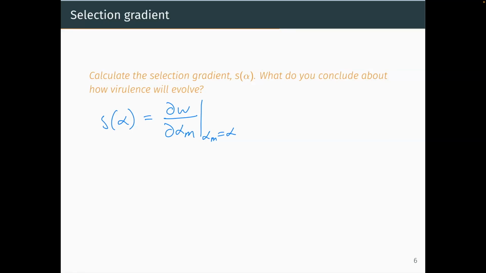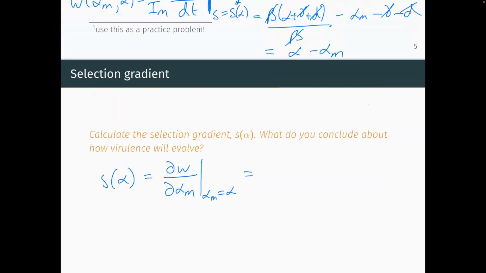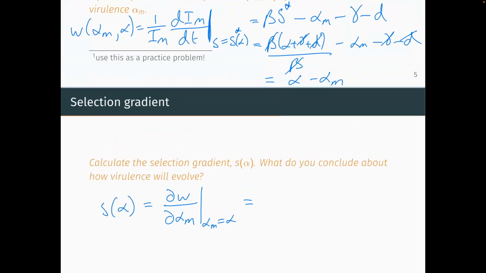So if we do that for our fitness above, can anyone tell me what we're going to have? This was our W that I've just highlighted, alpha minus alpha M. If we take our partial derivative with respect to alpha M first, what are we going to have? Yeah, -1.